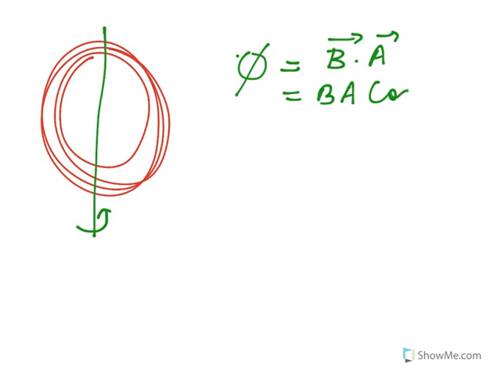Because there is induced EMF, your mind should go to the fact that there is change of flux. Flux is given by B dot A, which is equal to BA cos theta. Theta is the angle between the magnetic field and area vector.